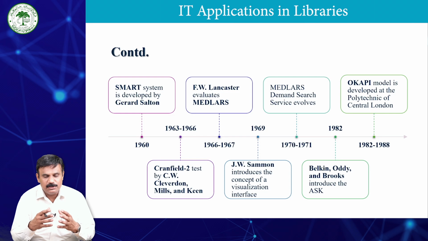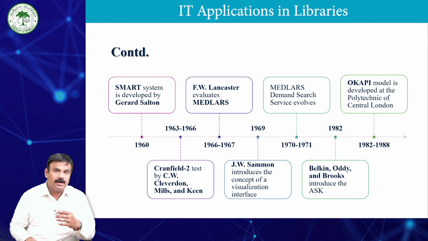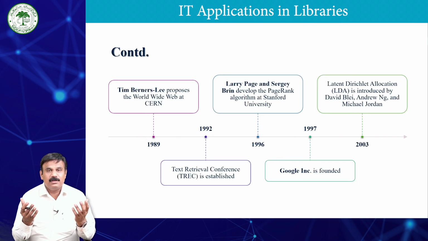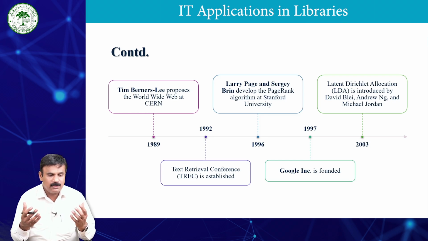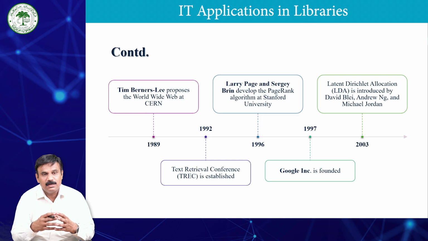In 1982, Belkin, Oddy, and Brooks introduced a system, ASK. Between 1982 and 1988, there is a model known as Okapi that was developed at the Polytechnic of Central London. And in 1989, one of the very important contributions was given by Tim Berners-Lee in the form of the World Wide Web.